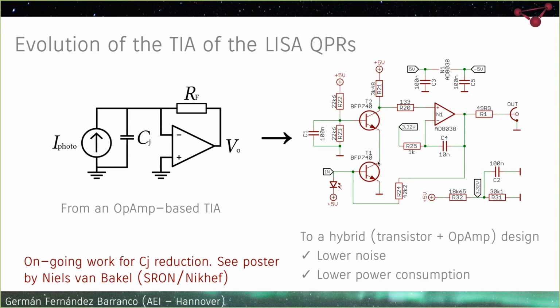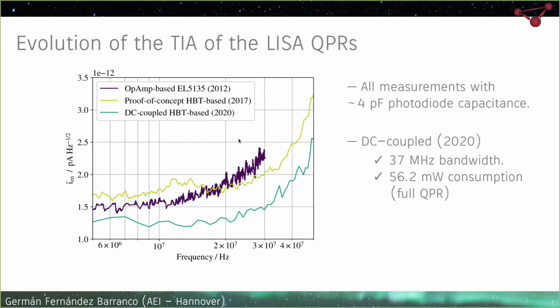We created many QPR prototypes based on this topology, and they were successfully tested, showing lower noise and lower power consumption than their op-amp-only counterparts. But here you can more clearly see these results and the evolution. The green line here shows the input-referred current noise, so the noise of the QPR for the transistor-based topology that I showed in the previous slide.